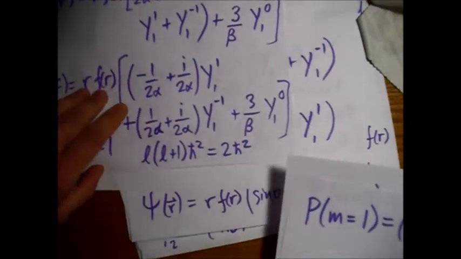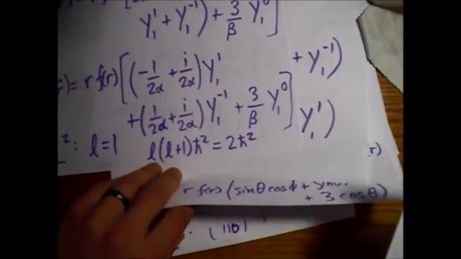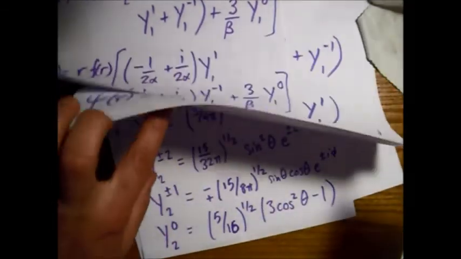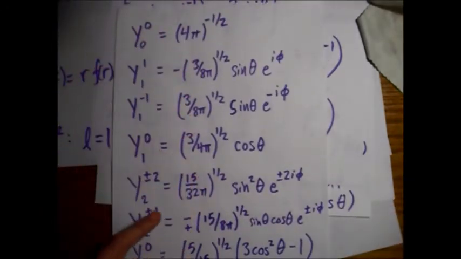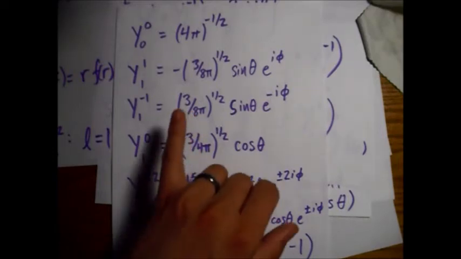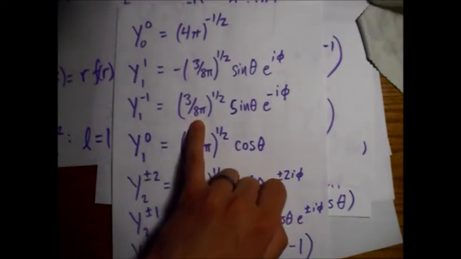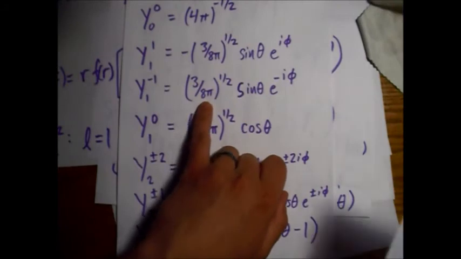But first we need to go and find what we had for alpha and beta. So if we look way back at our list of the spherical harmonics, this was alpha, 3/8 pi to the 1/2 power, and this was beta, 3/4 pi.